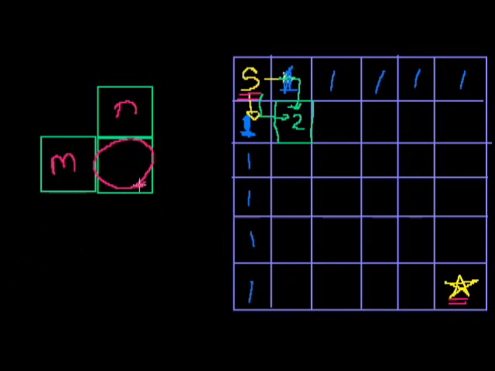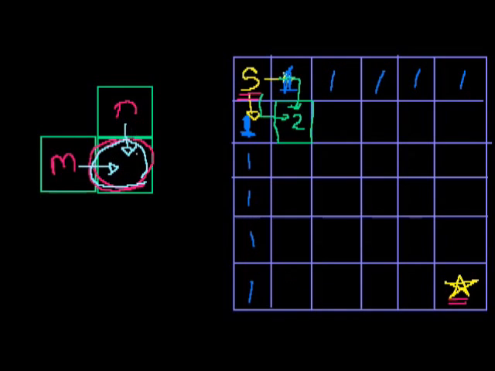Well, the only way to get to this cell, based on the rules I gave you, is either to go straight down or go straight to the right. So you can either go from this cell straight down, or you could go from this cell straight to the right. So how many total ways can you get to this cell?